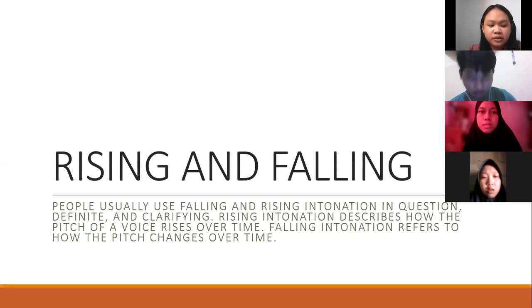And we know about rising and falling intonation. People usually use falling and rising intonation in questions, definite statements, and clarifying. Rising intonation describes how the pitch of the voice rises over time, and falling intonation refers to how the pitch falls over time.